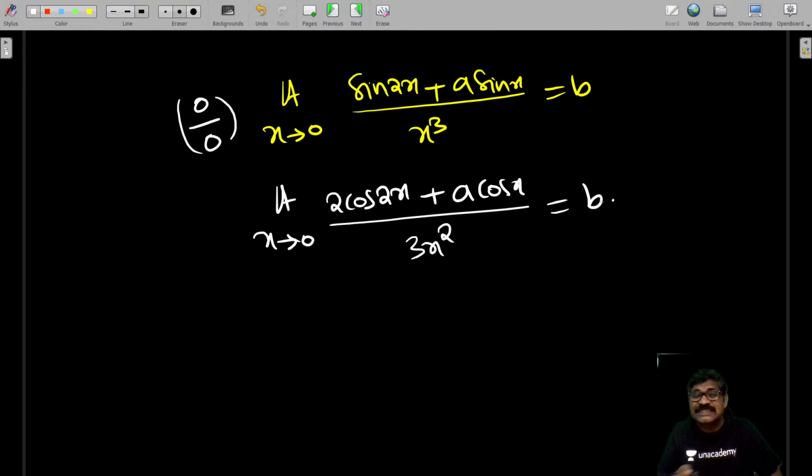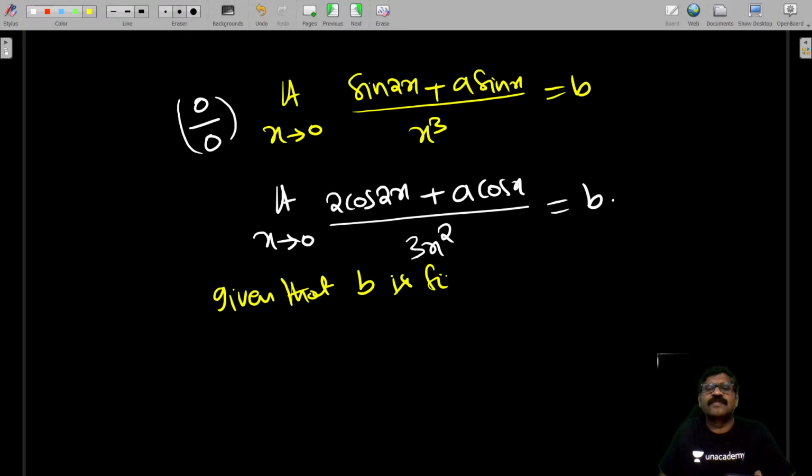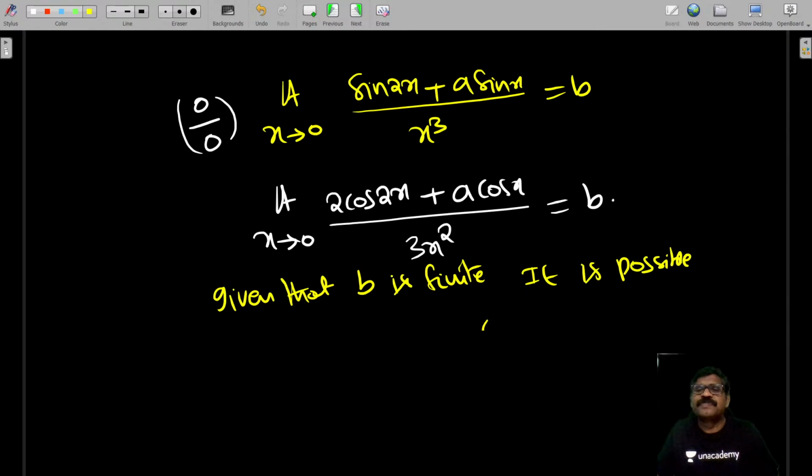When x is tending to 0, denominator is tending to 0, but numerator is in the form of 2 plus a. But given that b is finite, it is possible only when the numerator is also equal to 0.